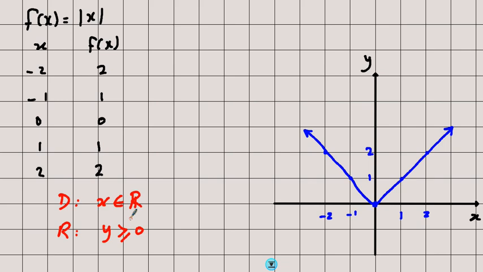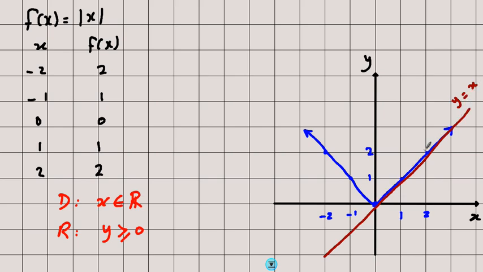Now, if you consider this graph again, and you look at it, you will notice that this line represents y equals x. And for this part of the curve at least, the two curves match.